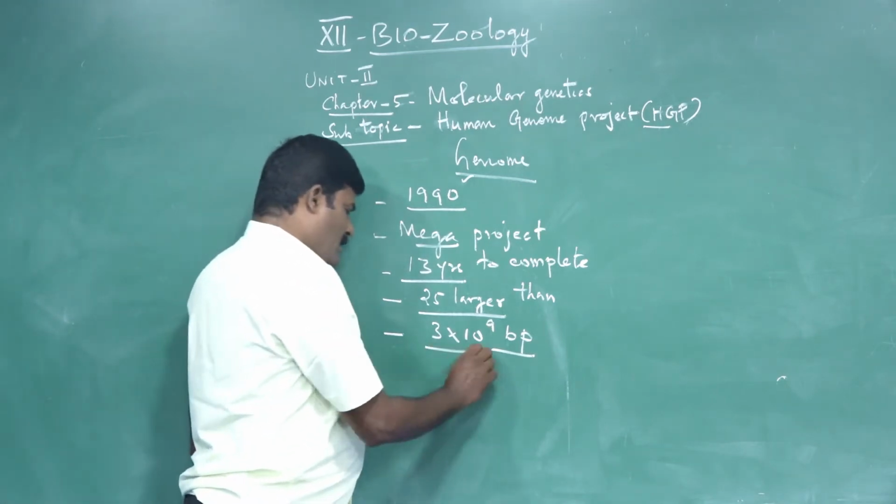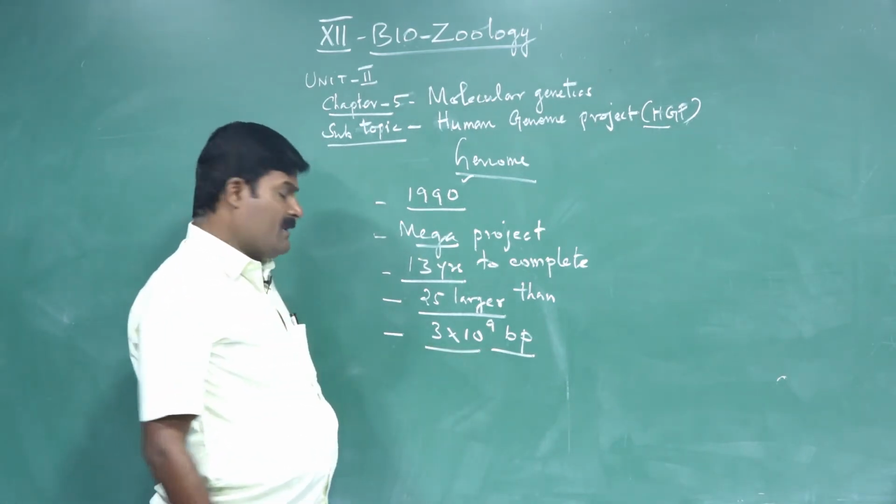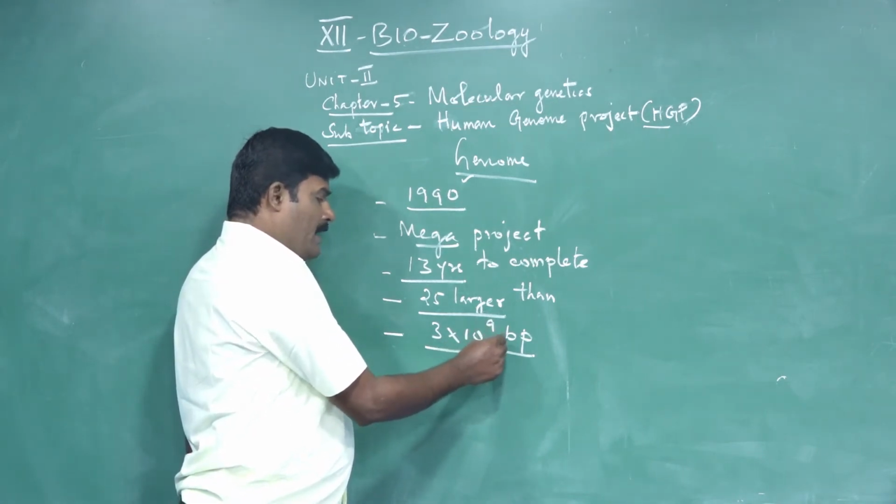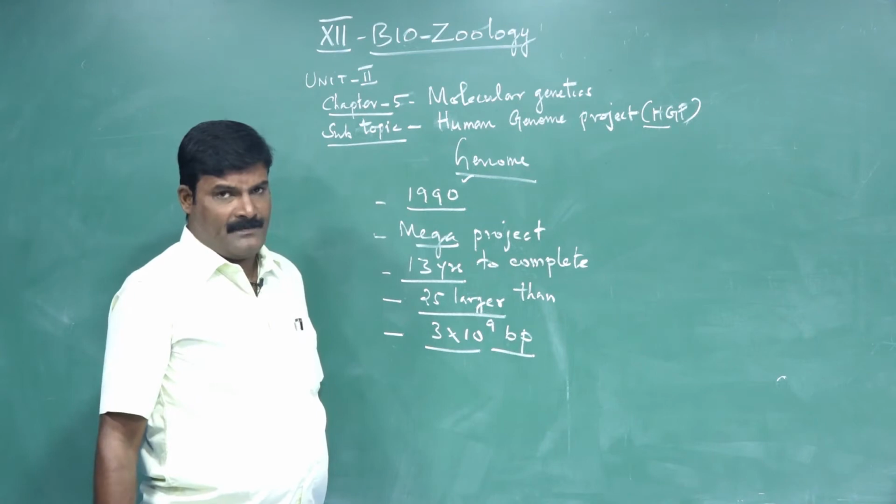So note it: approximately, the Human Genome Project contains 3 x 10^9 base pairs.